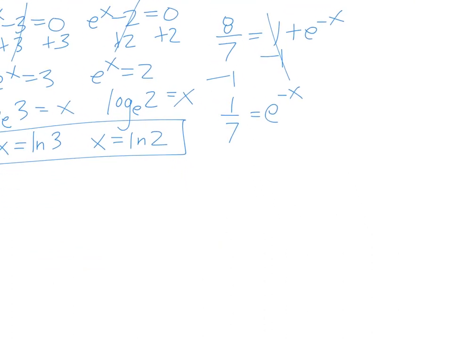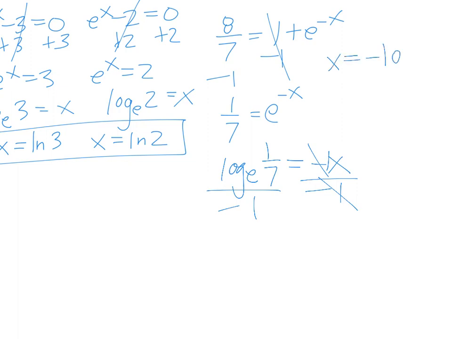All right, what can I do next? Okay, I'm going to convert to logarithmic form now to isolate the x. So I have log base e of 1/7 is equal to negative x. All right, I'm on to something here now. Divide by -1, cancels out, so I get x is equal to negative log of 1/7 base e. And since I'm working with a fraction here, I can apply the, actually before I do that, I'm just going to write natural log instead of log base e.